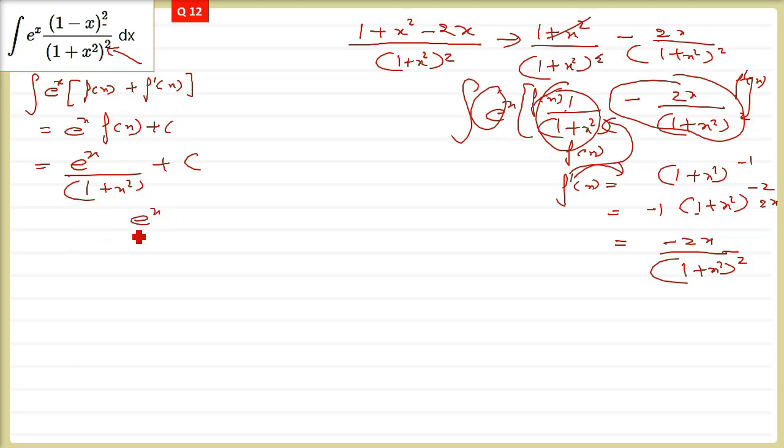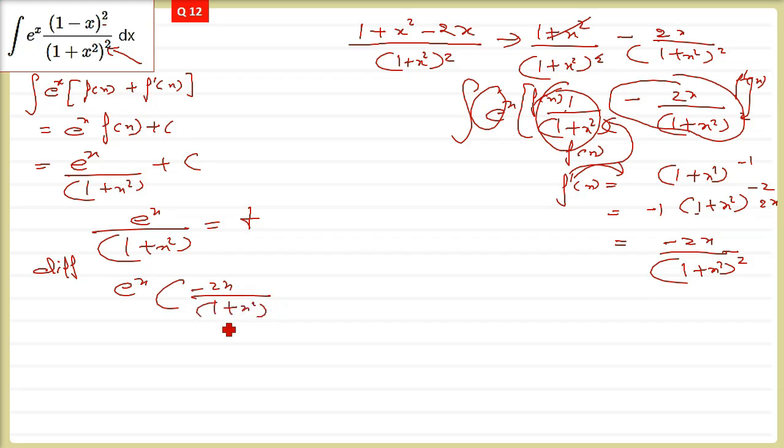So we'll take e^x f(x), which is e^x by 1 plus x square, as some t. When we differentiate this, since we have already differentiated 1 by 1 plus x square, we can directly write negative 2x divided by 1 plus x square whole square. Then we have plus 1 by 1 plus x square, and e^x will be e^x only. And on the right, we have dt by dx.